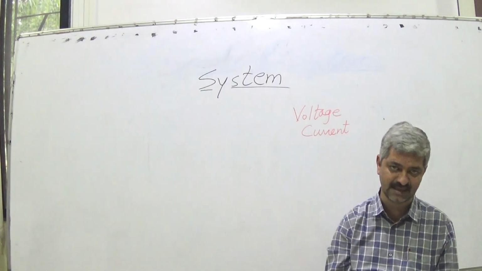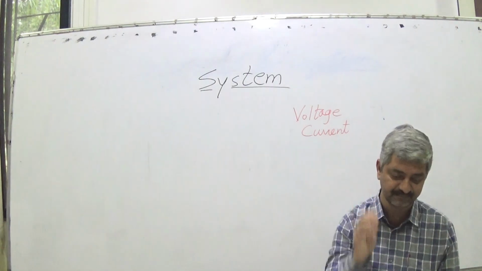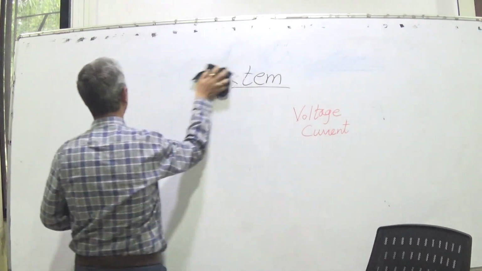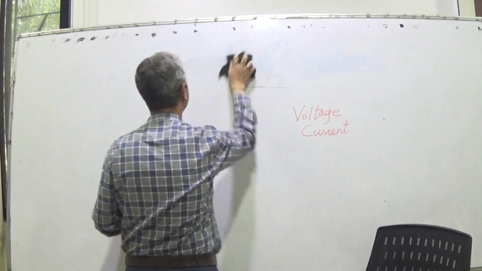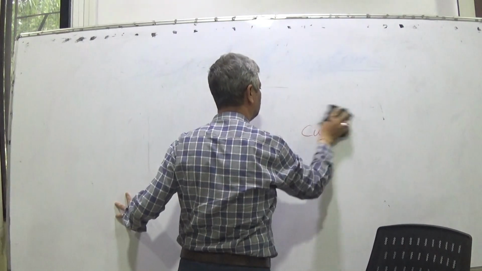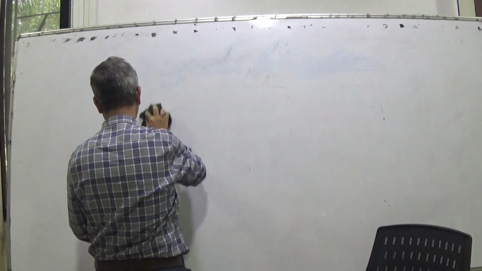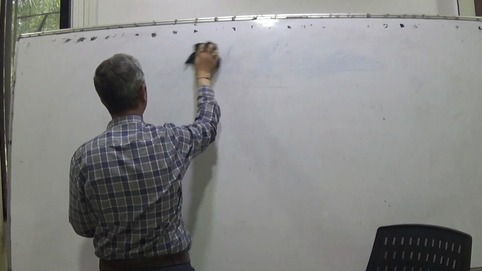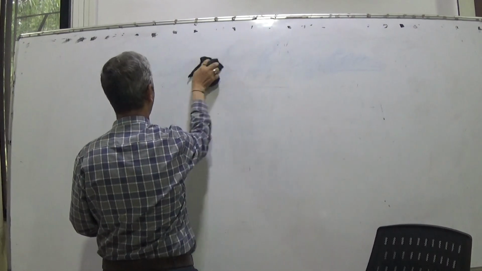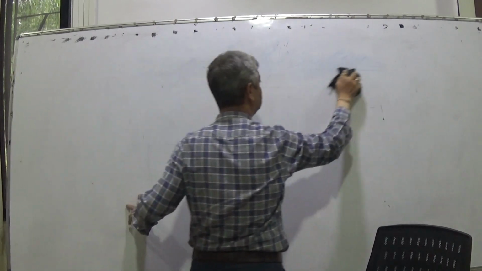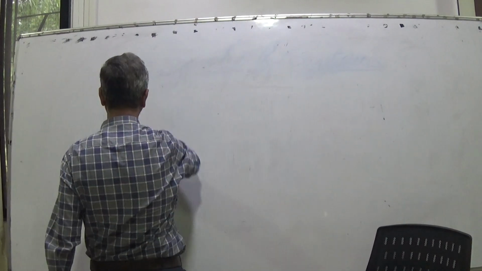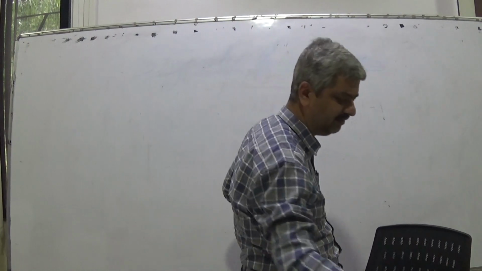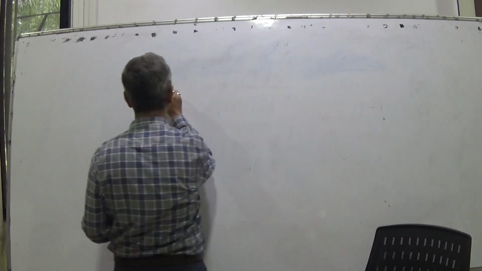Now I will take one example of a system, explain it in detail, and you will understand how we work on a system. I will go for a very detailed discussion of the water level system, because that is something everybody can understand. But prior to that, I will explain one simple system, a voltmeter.